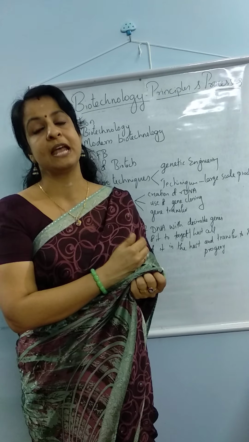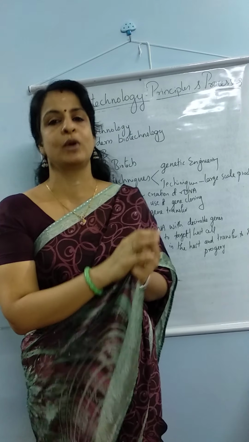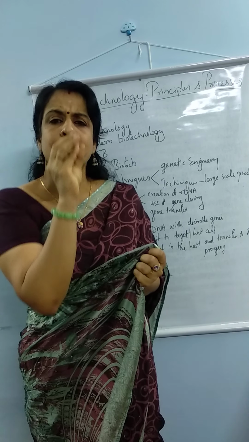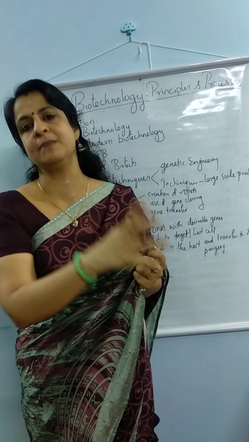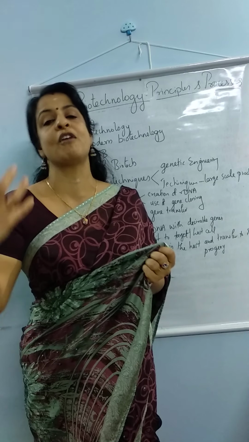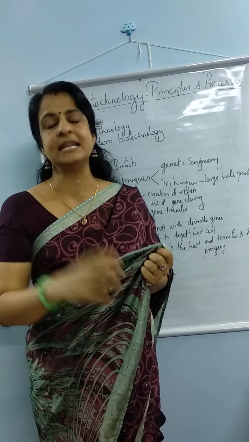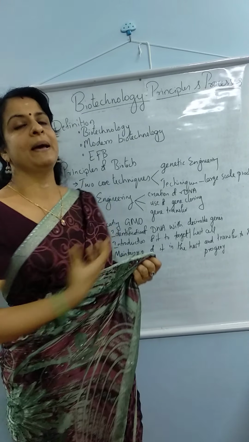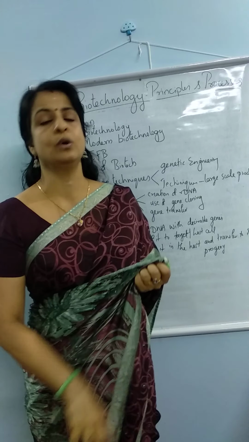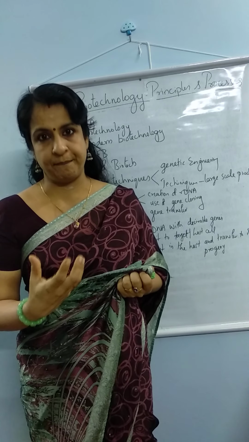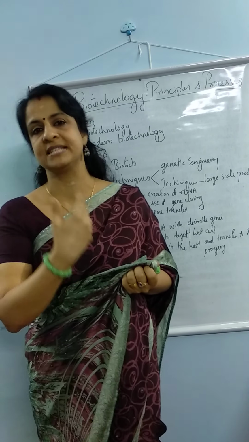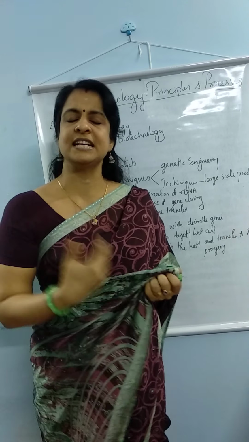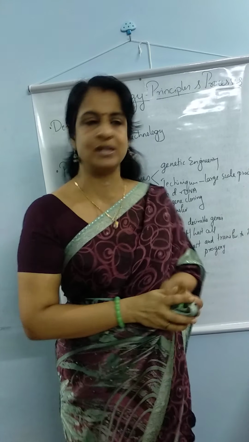So what is happening? It is not the virus as such given to our body, but the virus's biomolecule, that is a protein, and the body will form antibodies against it and protect us from the diseases. There are many such applications of biotechnology. Or gene therapy, which we will study in this chapter. So many applications are there for biotechnology.